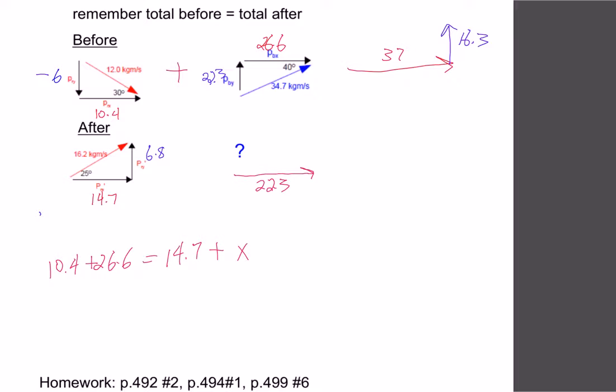Now vertically, we want to do the same thing. Our before, we've got a negative 6 plus a 22.3, and that's going to equal 16.3.